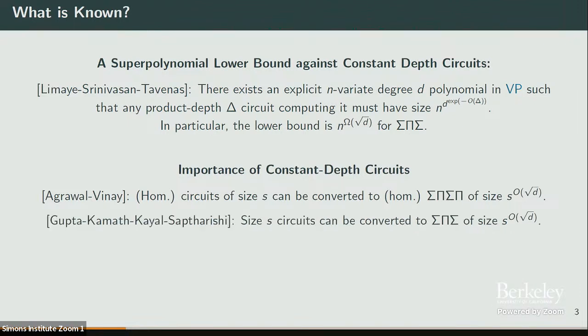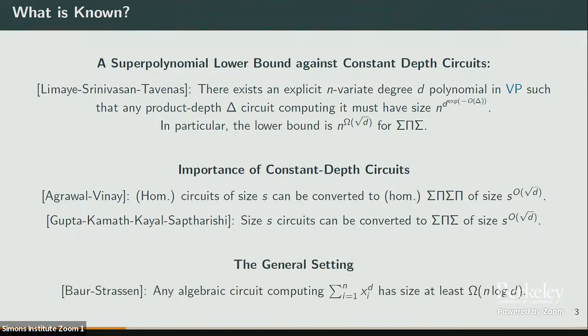And in fact, it can be reduced to product depth 1, the same as depth 3, sum-product-sum circuits, also by blowing up the size to s to the root d. And therefore, you see that at least at product depth 1, the lower bound is tight. However, in the general setting, for arbitrary depth, the best lower bound continues to be not that great.